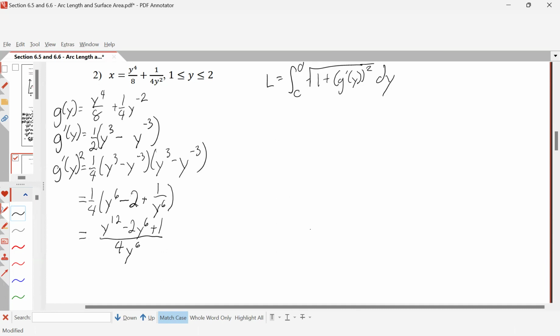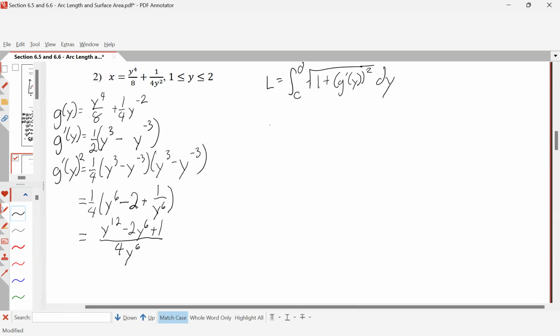So we are going to plug that into our integral. So we get the length is the integral from 1 to 2 of the square root of 1 plus y to the 12th minus 2y to the 6th plus 1 all over 4y to the 6th dy.